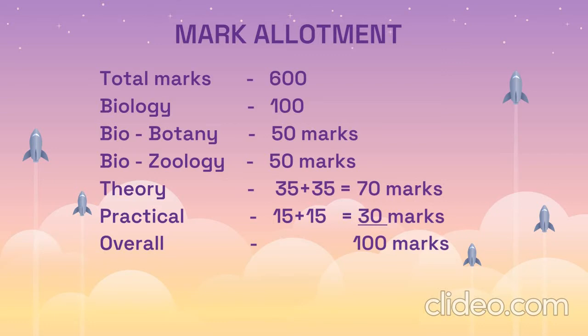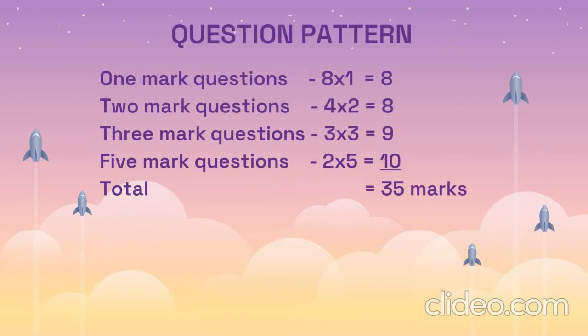Fine. Okay, let us go to the question pattern. In the higher secondary session, you have to follow a different question pattern. Here you will get 4 different types of questions, which include 1 mark questions, 2 mark questions, 3 mark questions, as well as 5 mark questions. As I said already, you will appear for the theory exam for 35 marks.